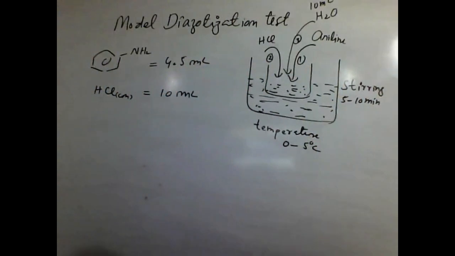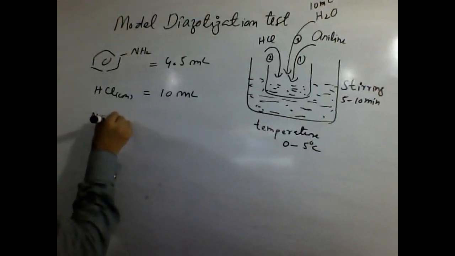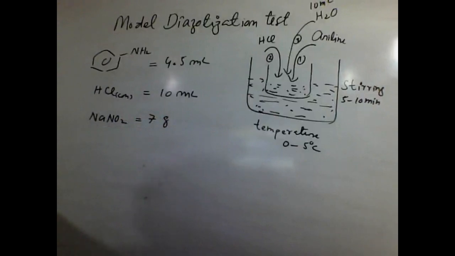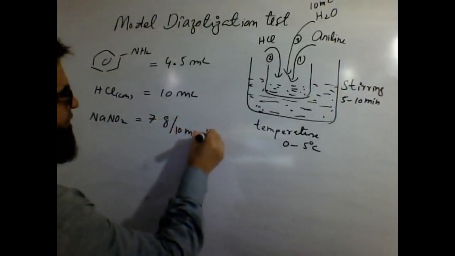Once your temperature is less than 5 degrees, we take sodium nitrite, NaNO2, weigh out like 7 grams of it, and dissolve it in 10 ml of water.